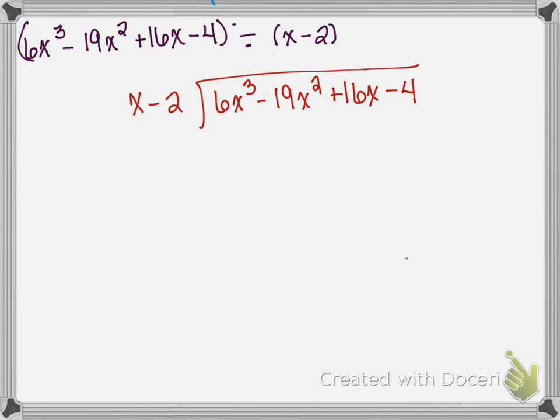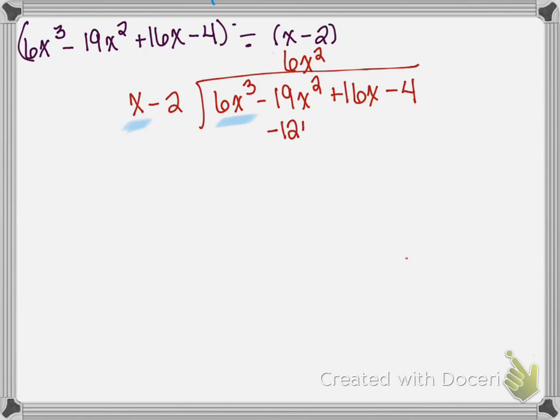So here, I'm going to ask myself, x times what gives me 6x to the third? 6x squared. Okay, so now I'm going to say 6x squared times negative 2.